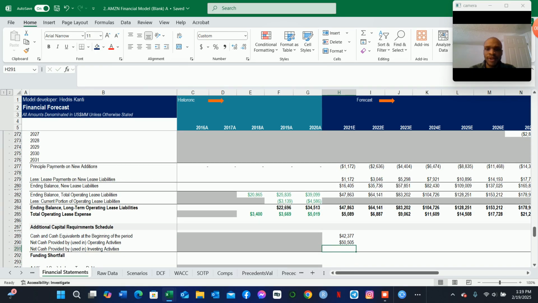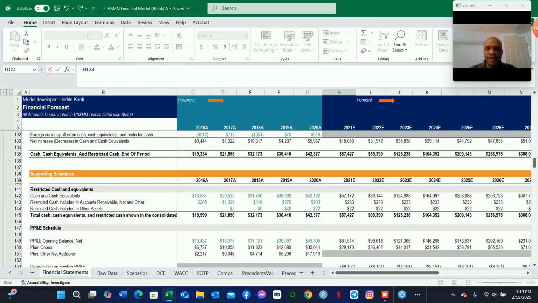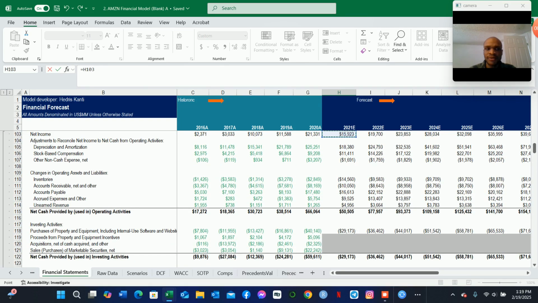Let us also bring in the net cash provided or used in investing activities. We still find that in the cash flow statement. So any cash that was used in investing activities. In this case, the only cash that was used in investing activities was to purchase property, plant, and equipment, including internal use of software and website. We don't have any ongoing proceeds from property, plant, and equipment incentives.